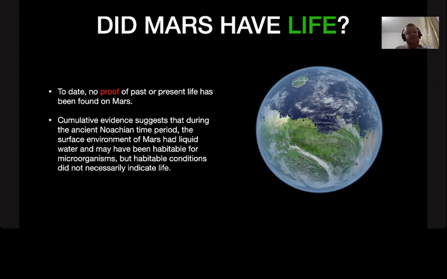Up to date, no evidence has been proven about any life having been found on planet Mars. For example, the previous life on Earth: even though the dinosaurs have been extinct for about 65 million years, we still eventually found out about the dinosaurs only by finding their skeletons.